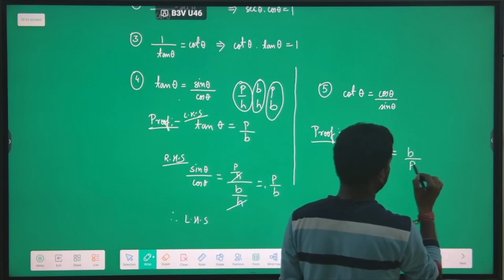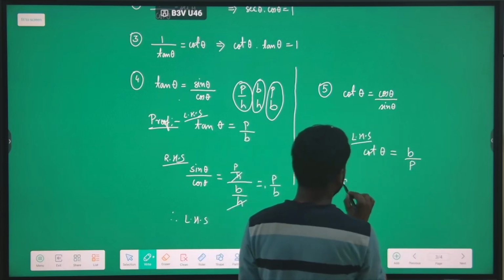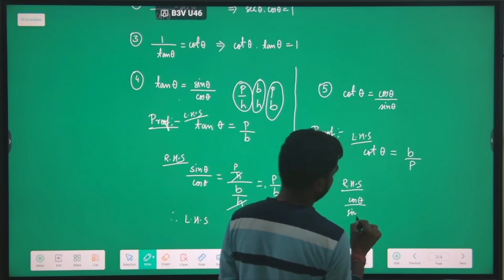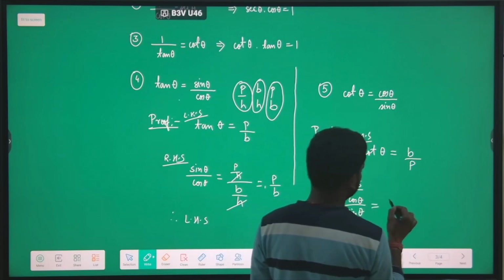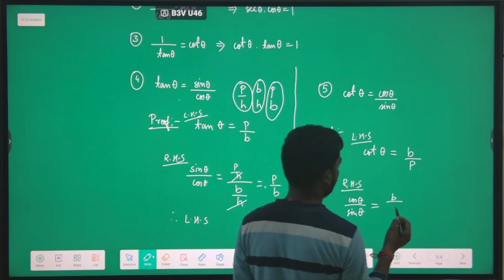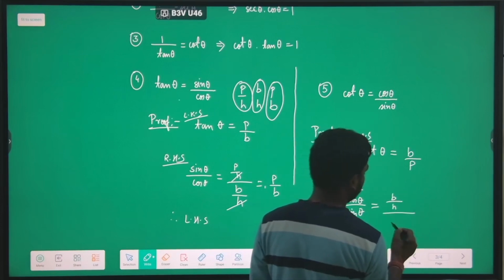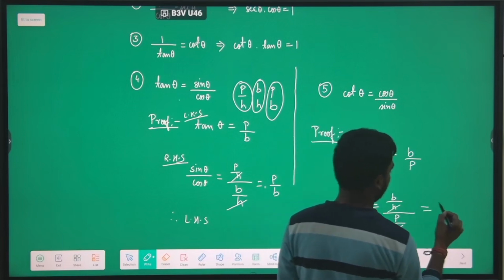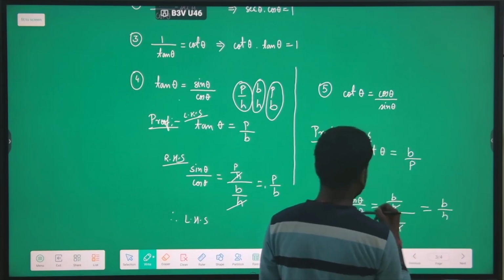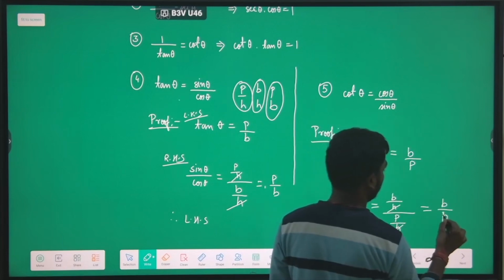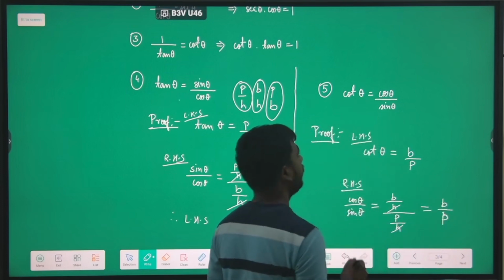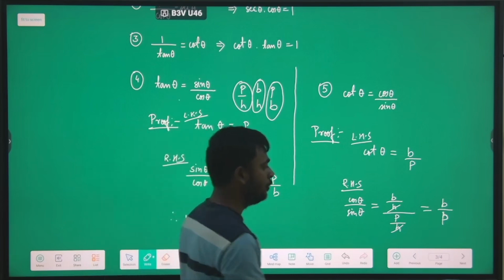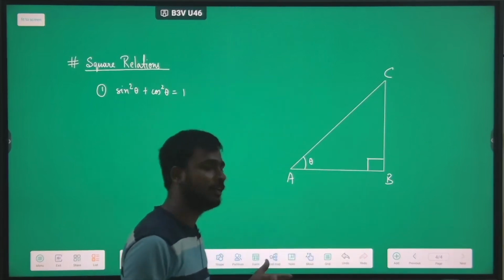That means it is B upon P. And for RHS, cosine of angle theta upon sine of angle theta: cosine will be B upon H, and sine of angle theta will be P upon H. On the similar basis, we can say that it will be equal to B upon P. So what we got? Cot theta equal to cos theta upon sin theta. We will recall all the terms later.